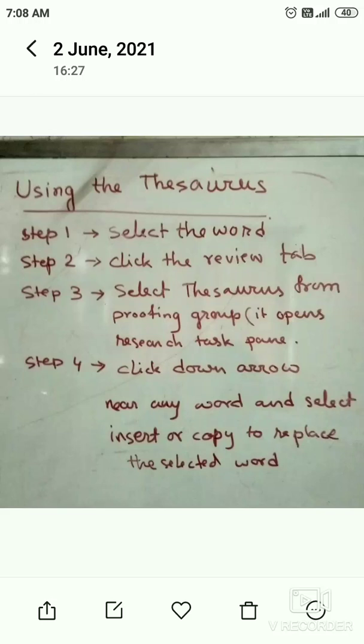It opens the Research task pane, and then we click the down arrow near any word and select Insert or Copy to replace the selected word. This is the way we can replace words which are repeatedly appearing on the screen. Okay, next is paragraph formatting.